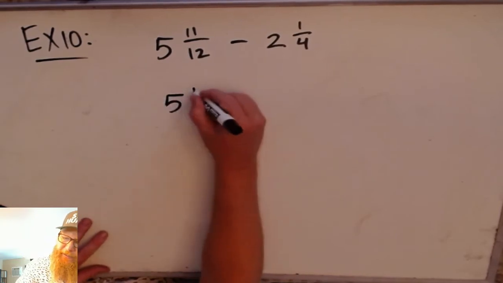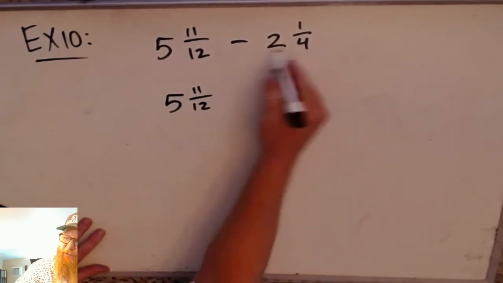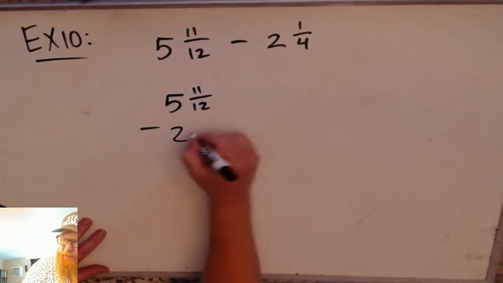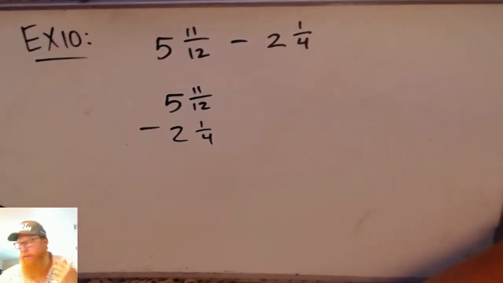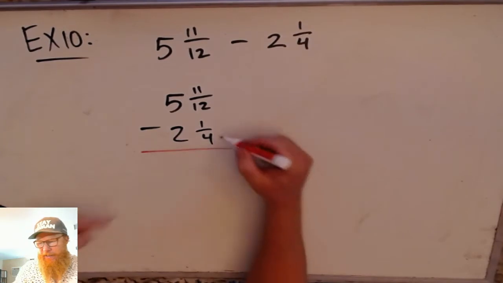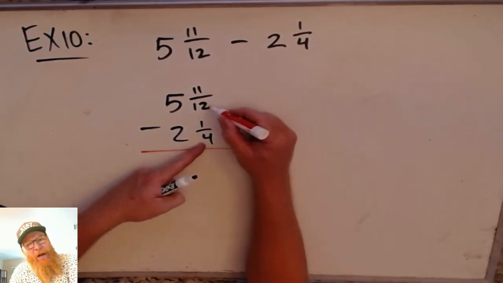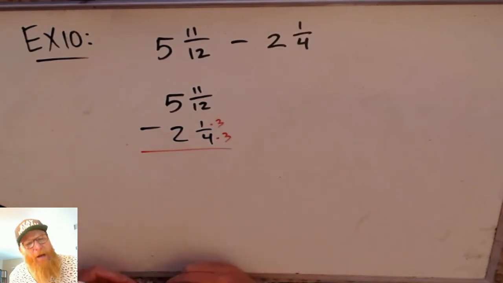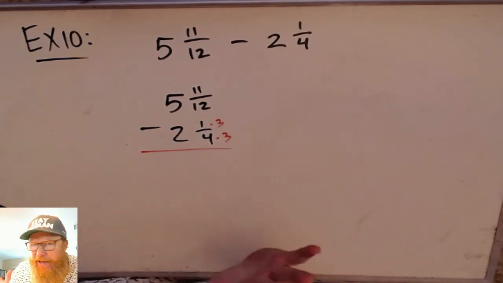Again, you got to put the first term on top, the second term on the bottom. This time, since 4 goes into 12 exactly 3 times, the LCD is automatically 12. Hopefully that's catching on.